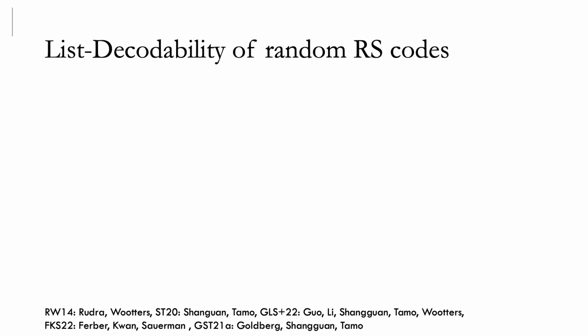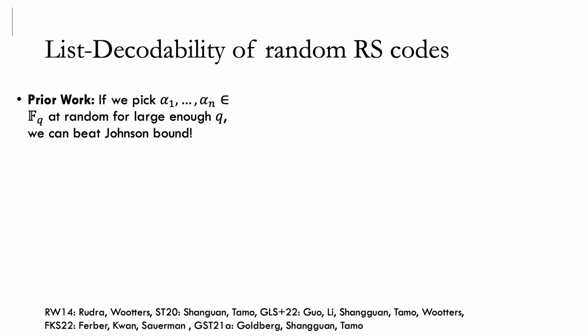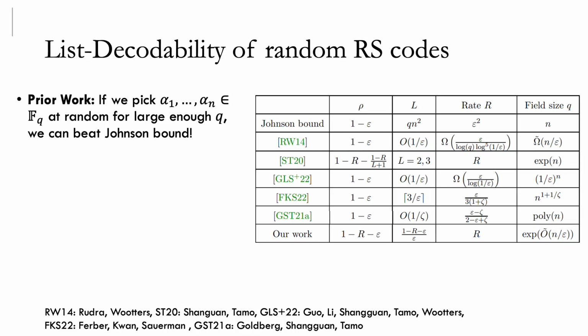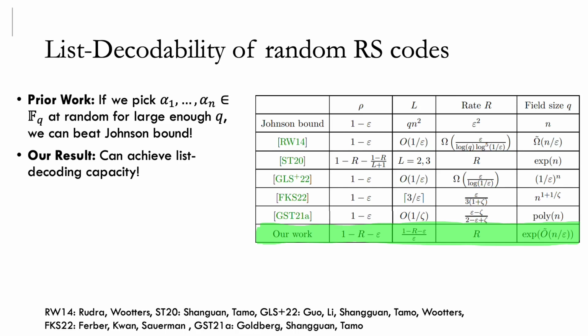So in particular, there's been much work on understanding the list decodability of random Reed-Solomon codes. Many results have shown that in various regimes, you can beat the Johnson bound. This was started with the work of Rudra and Wootters, and many other results have since followed. Our result supersedes many of the previous results and shows that you can in fact achieve list decoding capacity.